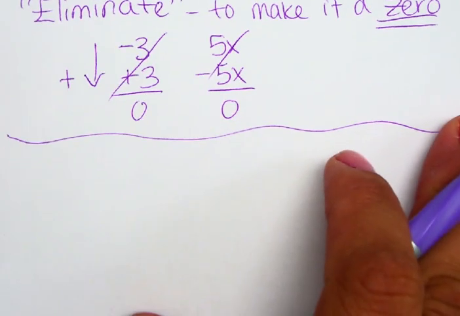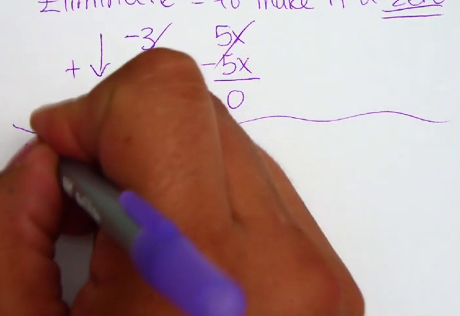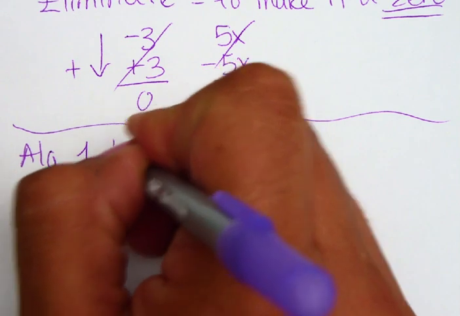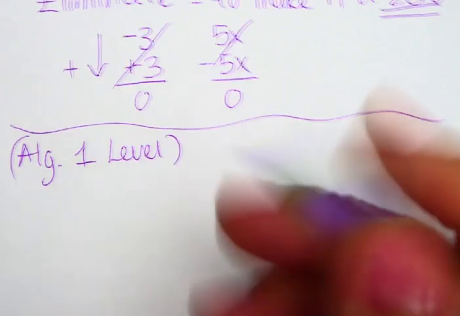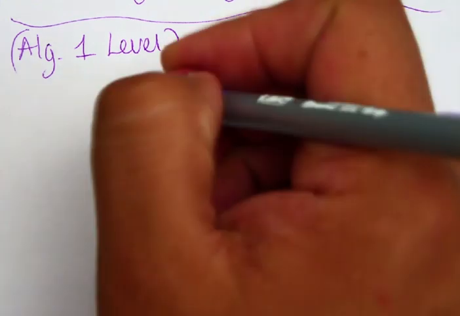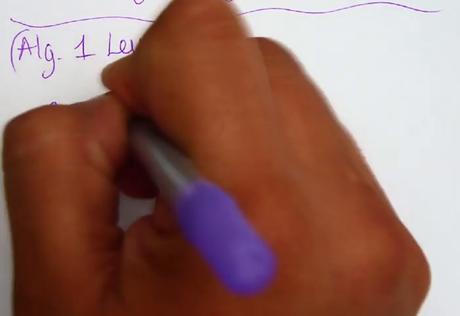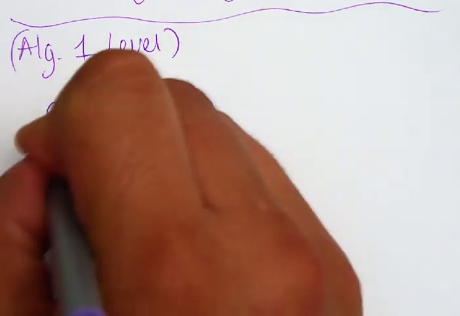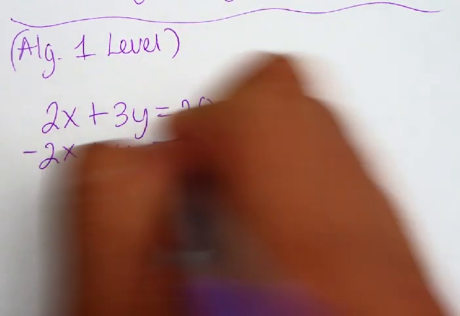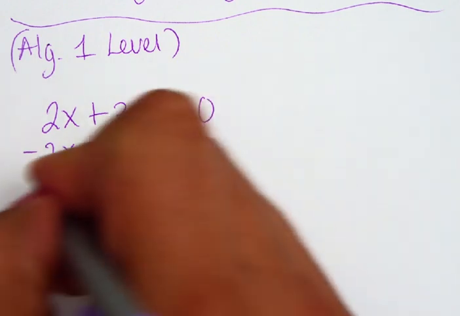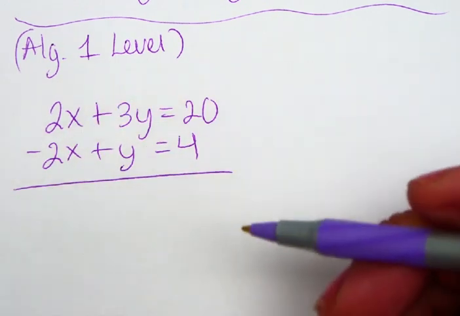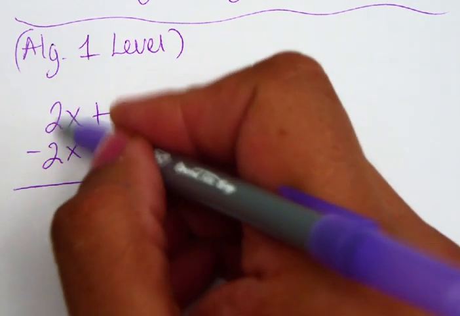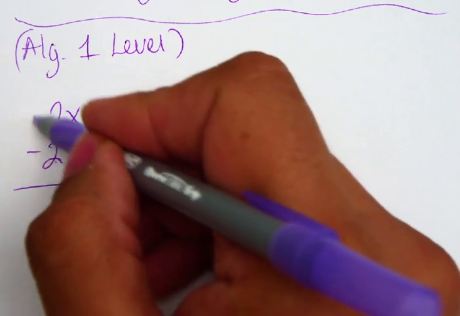After this, I explained how the elimination method is used at the Algebra 1 level. That way you can get familiar with the steps for the elimination method. So for example, if you had a system of equations that looks like this, 2x plus 3y equals 20, and -2x plus y equals 4, we mentioned that these are easy to eliminate because you already have the same number and you have a positive and a negative.